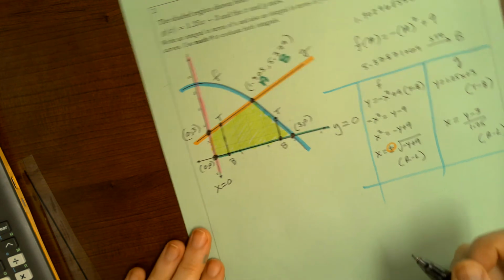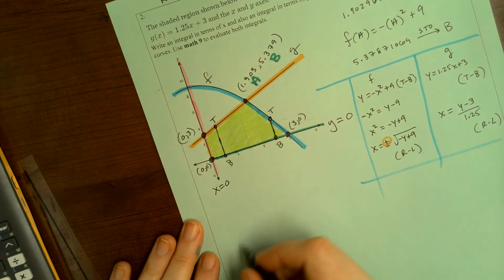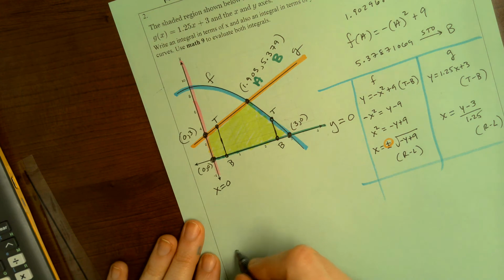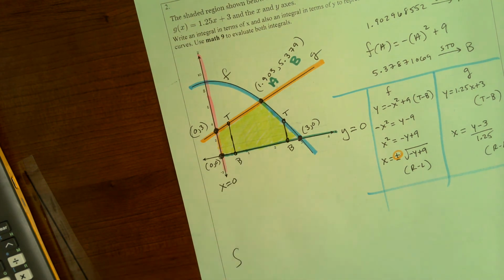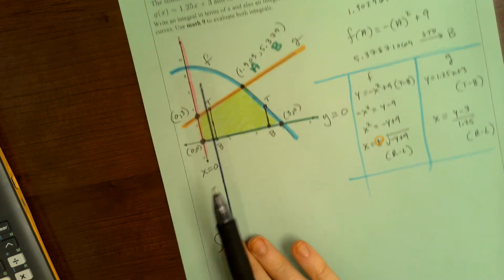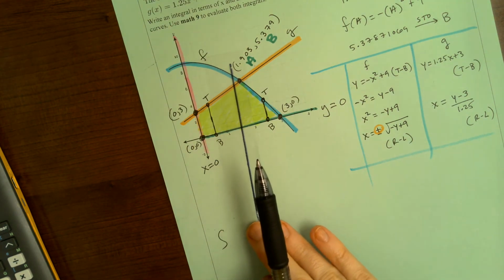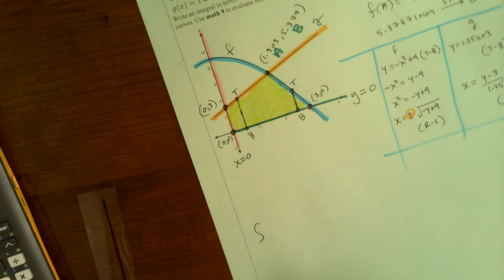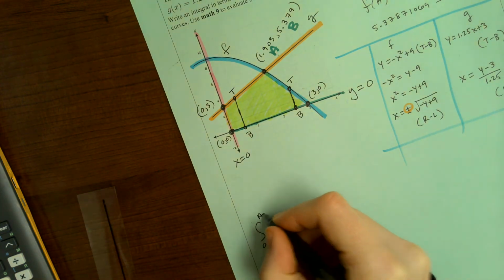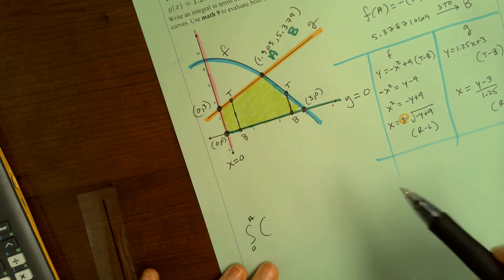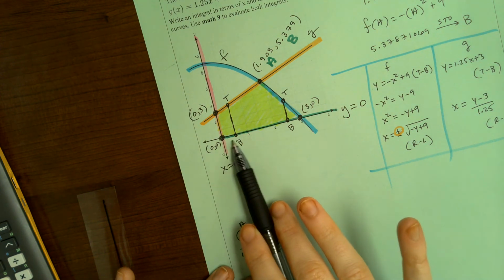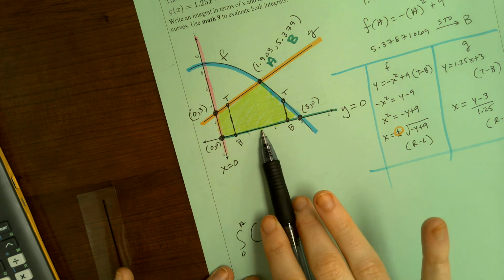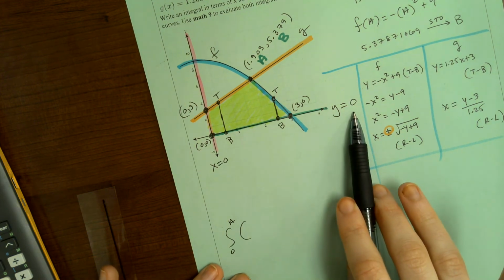All right, so I'm going to do the integral from 0 to A, top minus bottom. So the line minus the x-axis. Guys, the x-axis is 0.